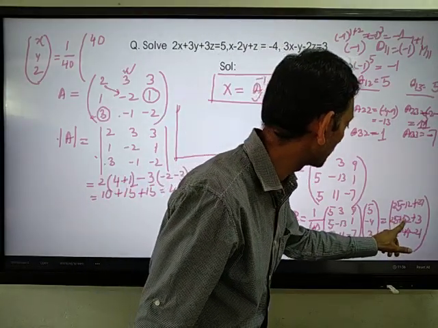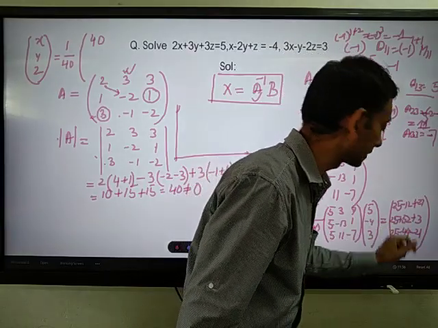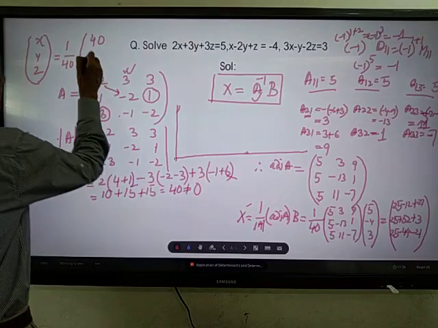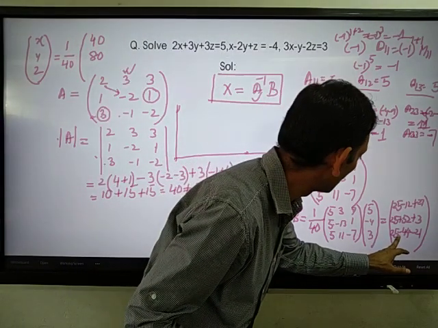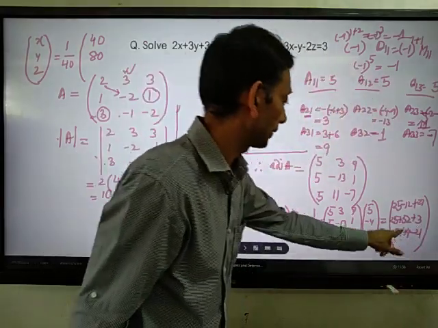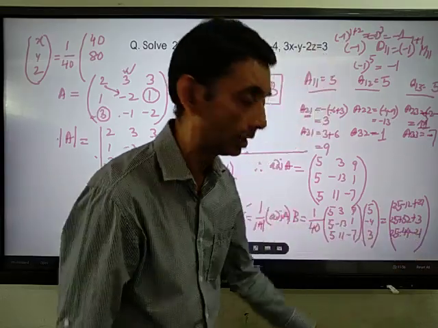Now 25 plus 52 is 77. 77 plus 3 is 80. Then 25 minus 44 minus 21. 25 minus 21 is 4.